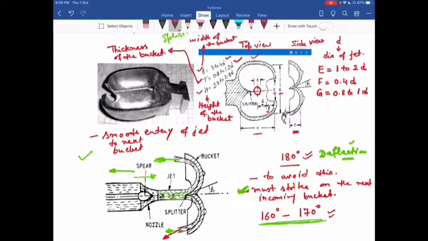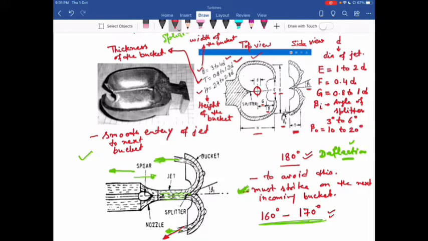Then we have two angles. One is called beta I, the angle of splitter, and its value is 3 degrees to 6 degrees. Then angle beta O, this angle beta O is 10 to 20 degrees.